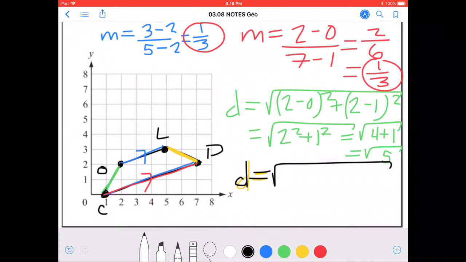So now for LD, let's just choose D as our second point. So we would do y2, which would be 2 minus 3 squared plus x2, which since D we said as our second point, that would be 7 minus 5 squared.